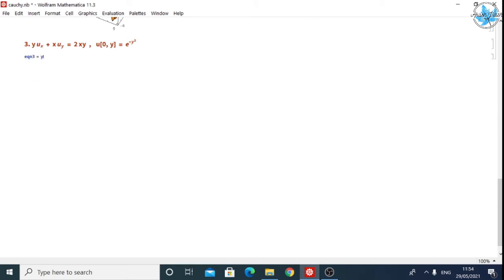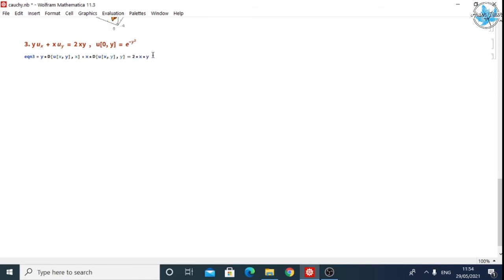Double equals to y times the derivative of u, the dependent variable of x comma y, with respect to x, then plus x times the derivative of u of x comma y with respect to y, then double equals to 2xy.